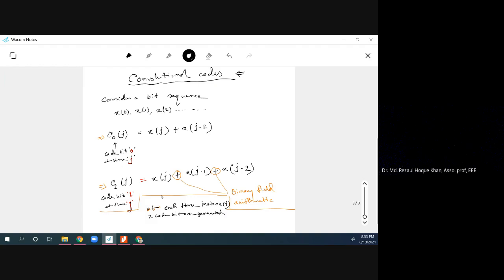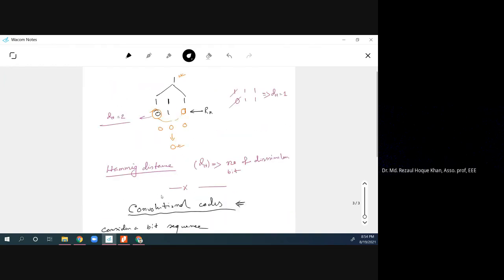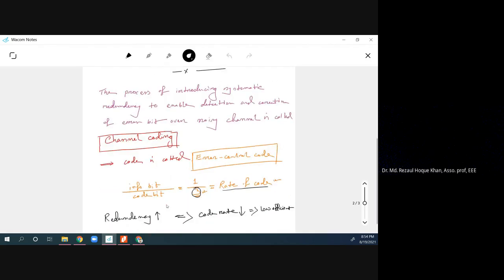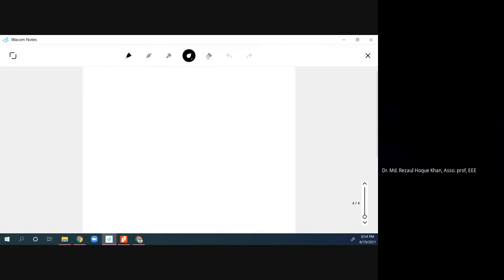What will be the rate from our formula? One bit generates 2 code bits, so the rate is 1 by 2, that is half.